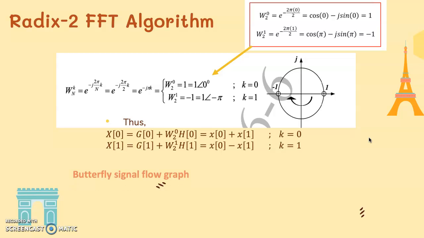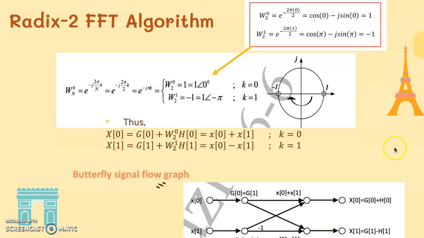Okay, the next one, the most important one, is to draw the butterfly signal flow graph. First of all, you have to draw, start with x0, and then this is x1. The small x, because the capital X is the FFT output, X0, X1. Then you know that X0 is G0 plus H0, so this is x0 plus x1.